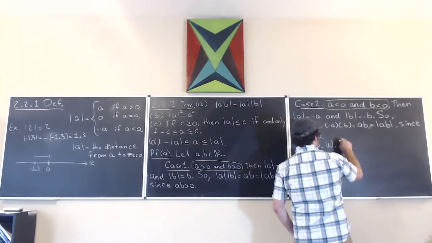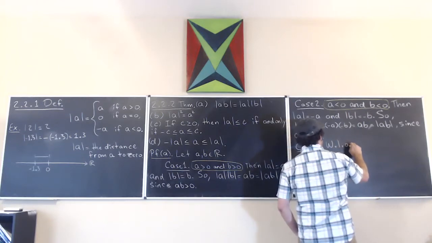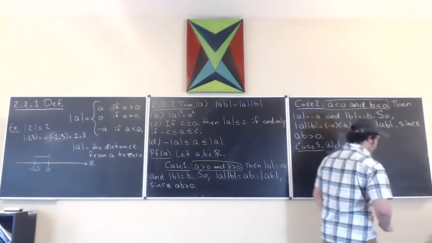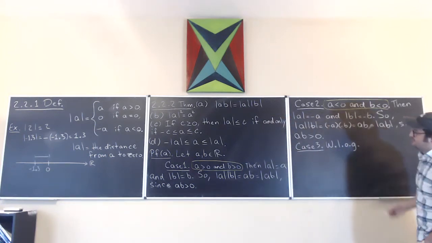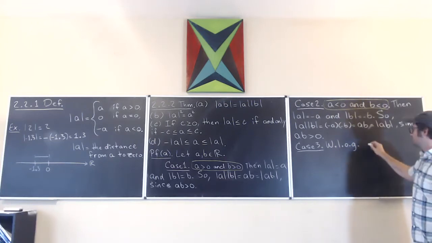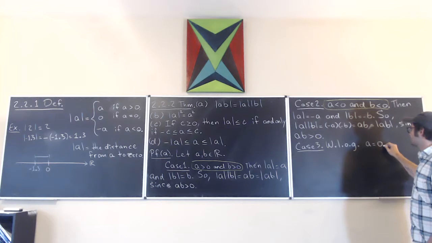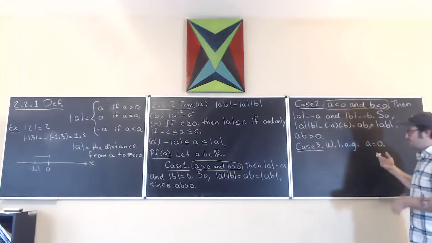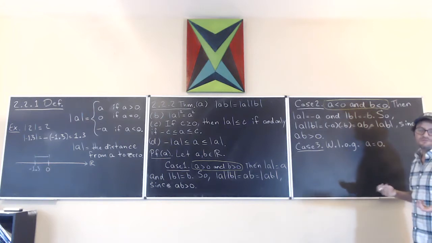So if I ever write W log like that, I mean, without loss of generality, we'll say that A is equal to 0. The same argument that I'm going to give will also hold if B is equal to 0.